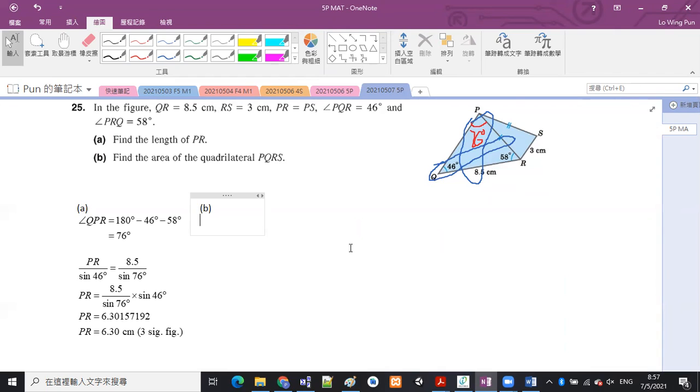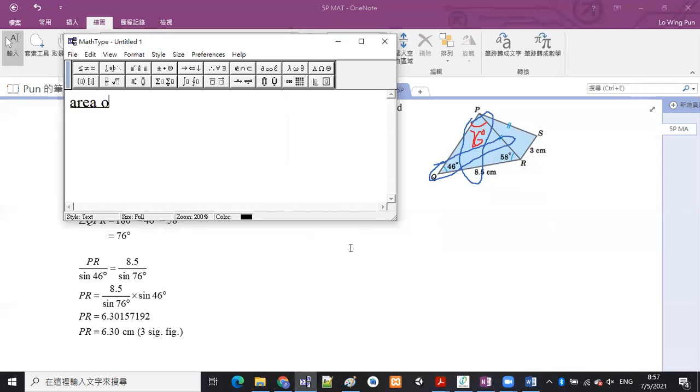Okay, so let's do this first. Area of triangle PQR is equal to 1/2 times 8.5 times 6.30157192 times sine 58 degrees.